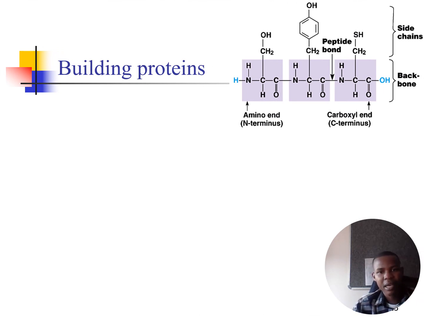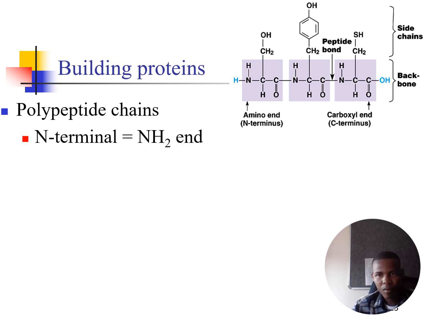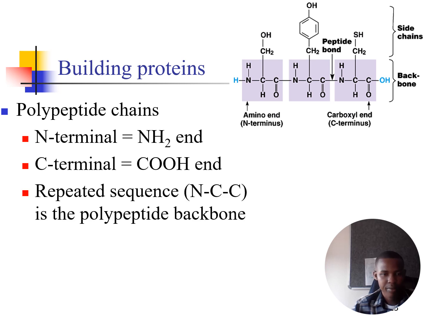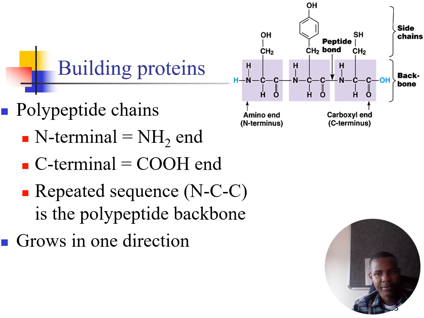We can say that a polypeptide will have the N terminal, which is the amino end, and also the carboxylic end, which is the C terminus. The repeated sequence of this bond, the NCC of the polypeptide, is called the backbone of the polypeptide.